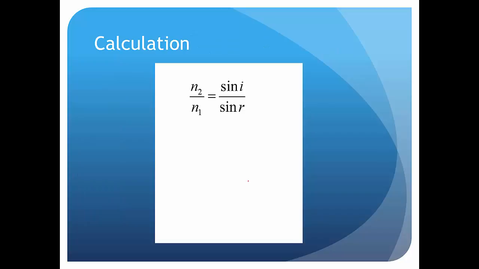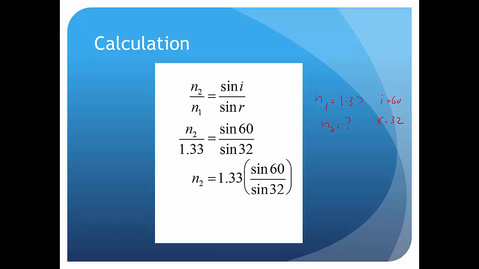Again, you just need to gather all the values. Medium 1 is water, 1.33, medium 2 is unknown, and i equals 60 and r equals 32. So you just need to substitute in, and you obtain the value for n.